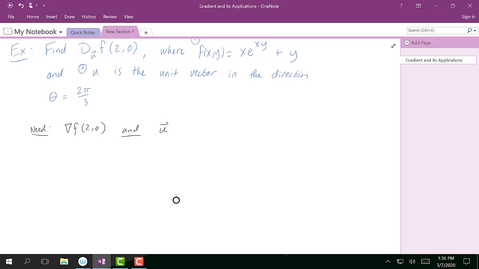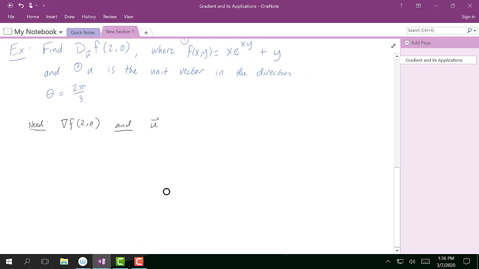Okay. So what we're going to do to start this problem out is try to find the direction vector u. And so we're going to recall something that we've used a lot before, hopefully, which is the fact that sine squared of theta plus cosine squared of theta equals 1.